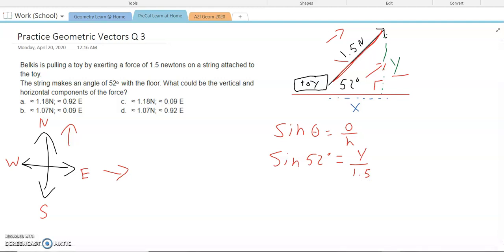If you multiply both sides by 1.5, we get the y value equals 1.5 times sine of 52. Obviously, at this point, you would need to make sure your calculator is in degree mode. When you plug that in, you should get that the north component is approximately 1.18 north.